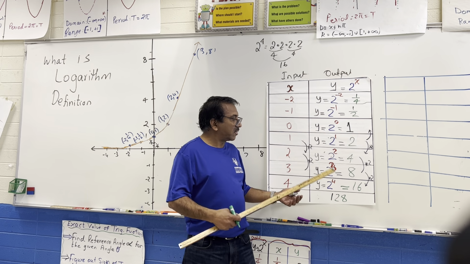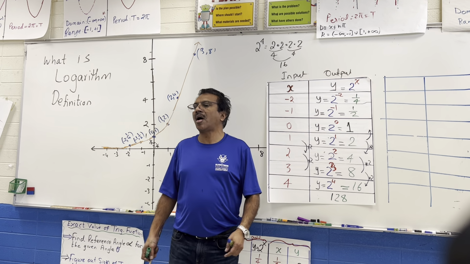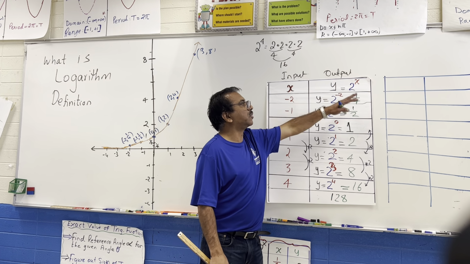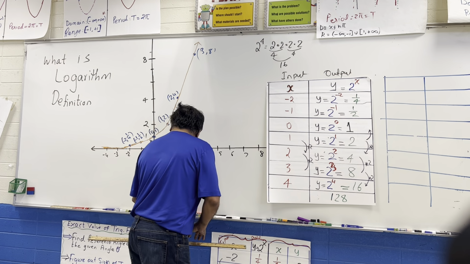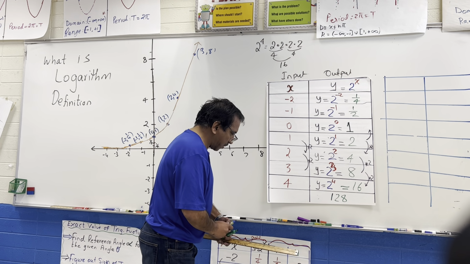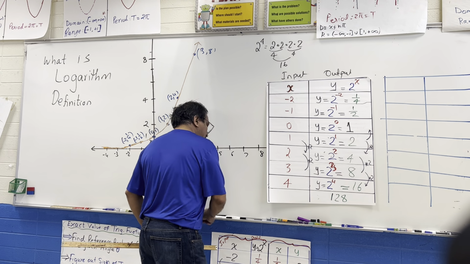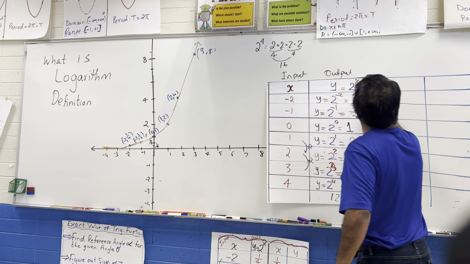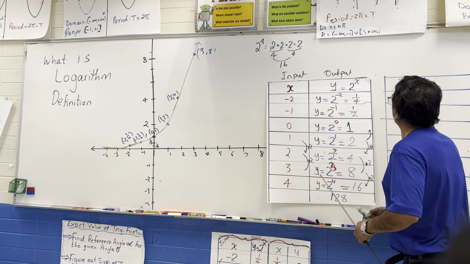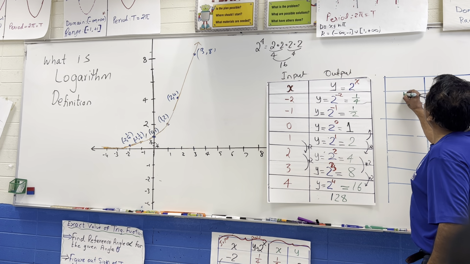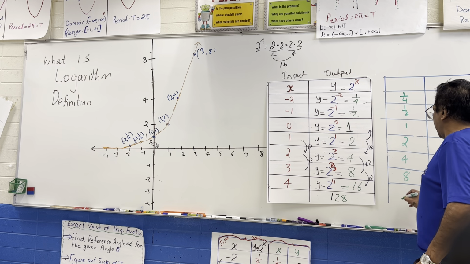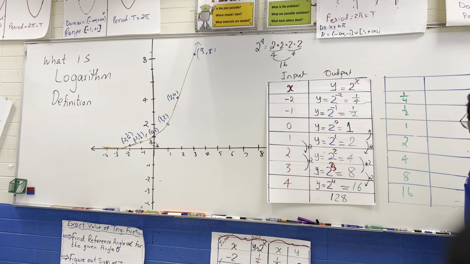So the mathematician decided, hey, is there a way out? How do we create a function? This is y equals 2 raised to x. What the mathematician says, okay, let's flip this. So the input output becomes output input. So this 1/4 is written down here: 1/4, 1/2, 1, 2, 4, 8, and 16. Got it?